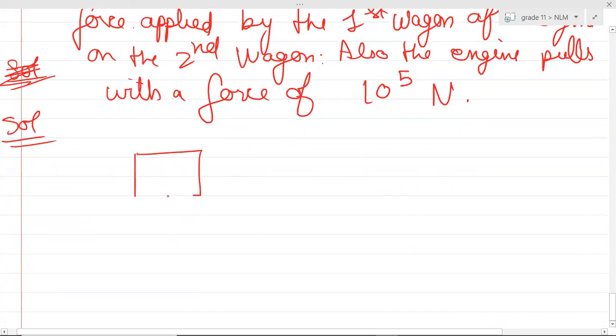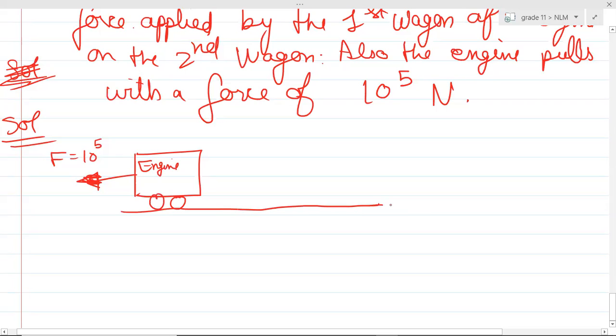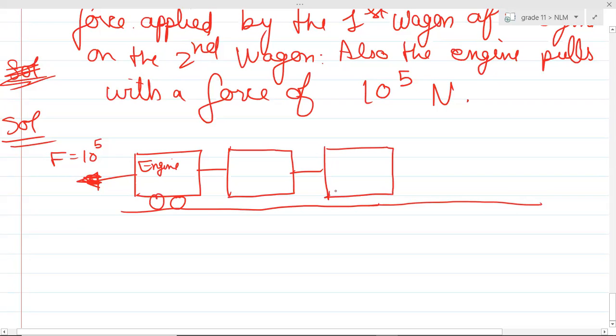See, this is the engine. This is the force with which it is pulling. Let's say the force is 10 to the power 5. And on this engine, how many wagons are there? 3 wagons are there, right?